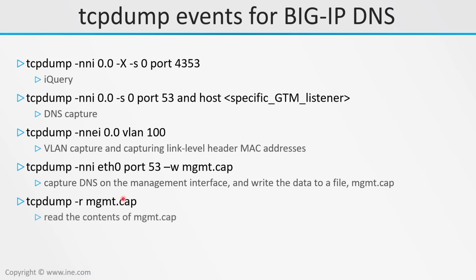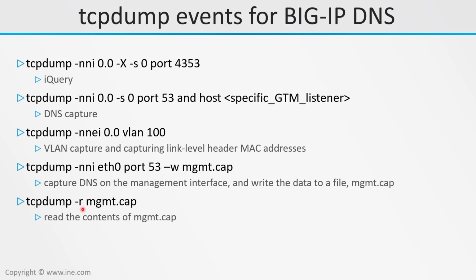And then tcpdump -r is after you write a tcpdump to a capture like mgmt.cap, and you want to look at those contents locally, then you can do a tcpdump -r to read the contents. It's a quick way to read just the plain text of the capture.